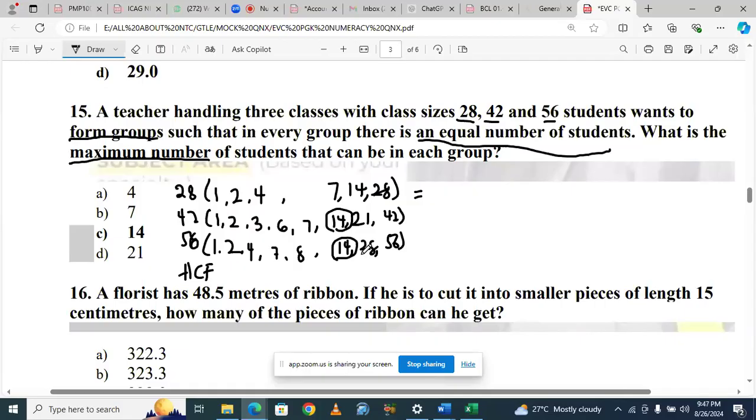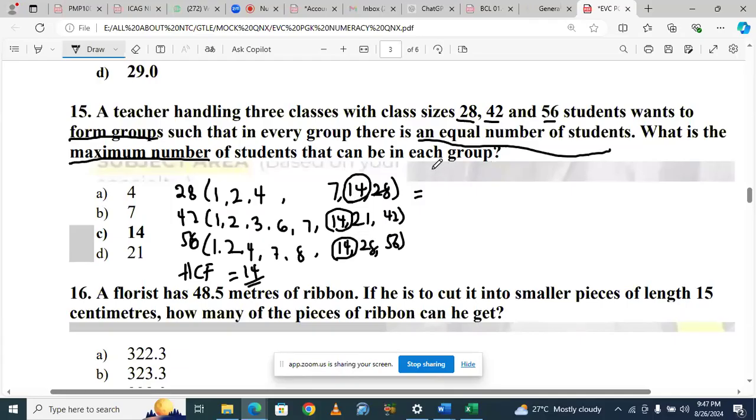Now let's read the question very well. Just the last part. What is the maximum number of students that can be in each group? Each group, okay. When you say group, why are you saying 14?